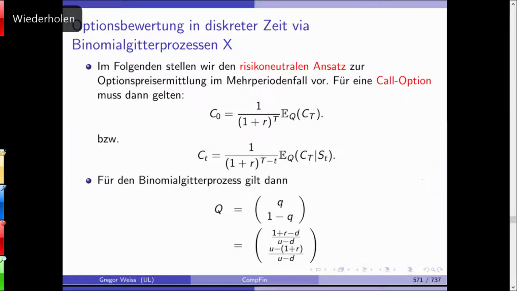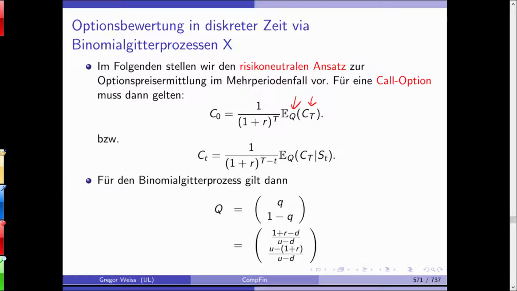Okay. Now, let's take a closer look at this risk-neutral pricing approach. We know that for a call option, we have the final terminal payouts at maturity, and in risk-neutral pricing, we take the expected value of all future payments, discounted with the risk-free rate under the risk-neutral probability measure.